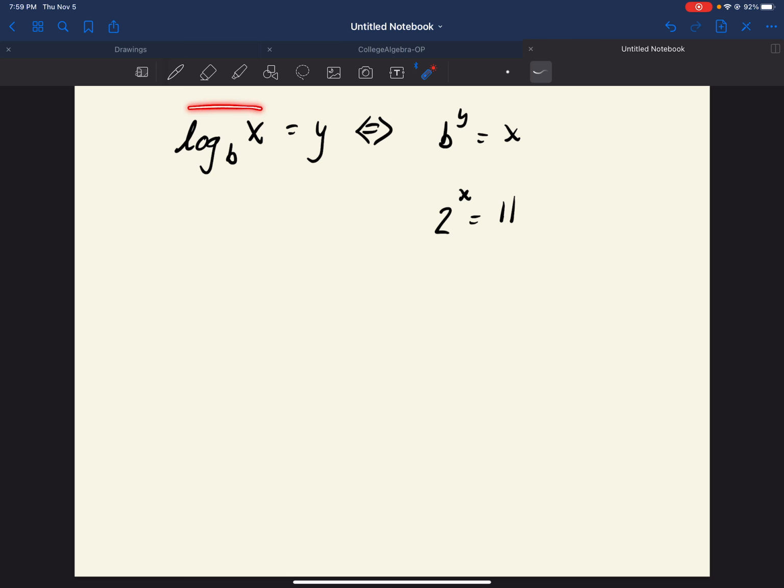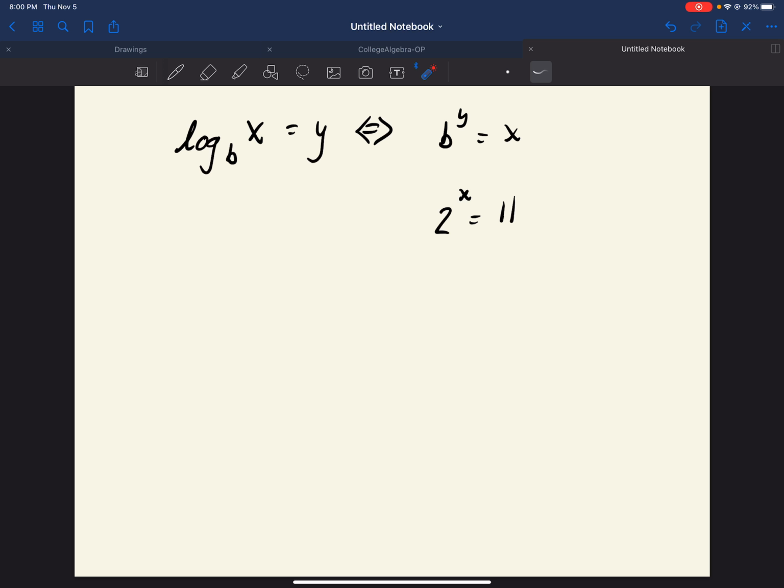So this log is nothing more than what power you would raise a number to get another number. So I said a logarithm is nothing more than asking a question about what would the exponent need to be for a certain situation to become true.